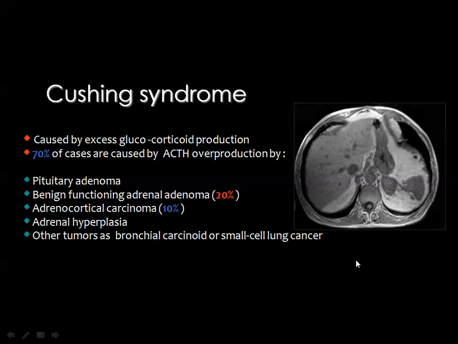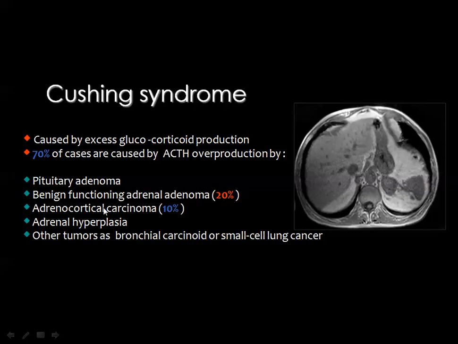And Cushing syndrome is caused by the excess glucocorticoid production, and also in 70% of the cases is caused by ACTH overproduction. One of the causes for this abnormal ACTH production is the pituitary adenoma, central, or functioning adrenal adenoma in about 20% of the cases.